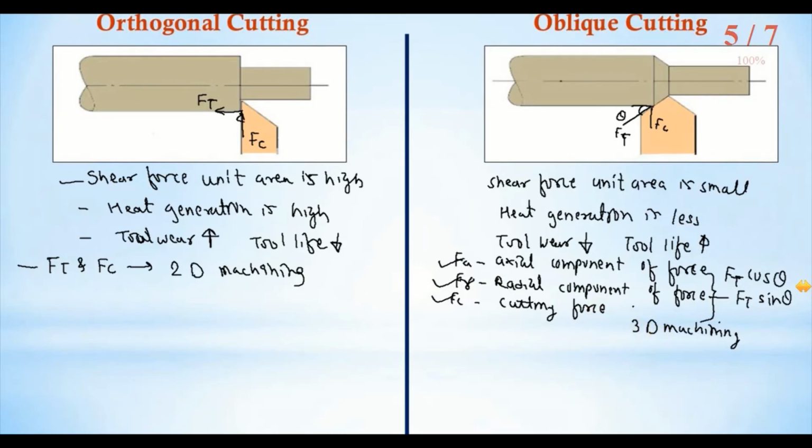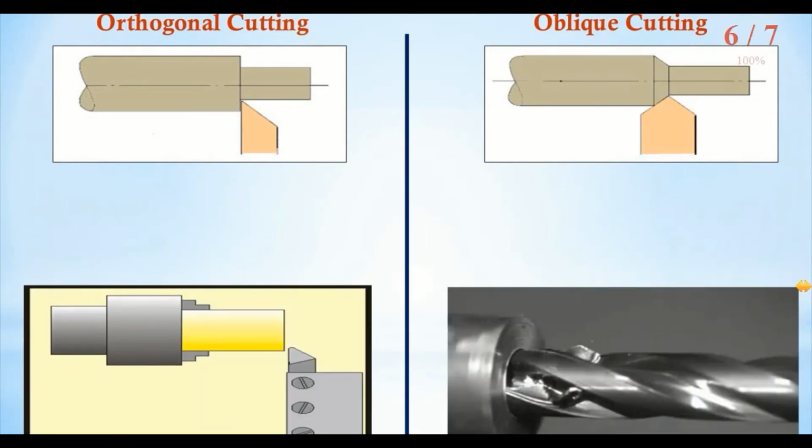Now for an example, you can see in plain turning where we are reducing the diameter of a workpiece, this comes under the orthogonal cutting process, as the direction of feed velocity and the cutting edge are perpendicular to each other.